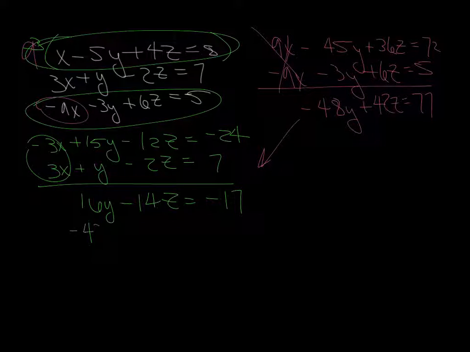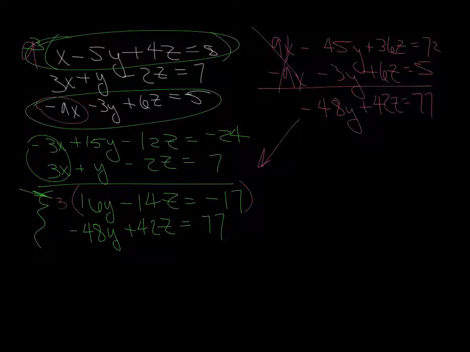Negative 48y plus 42z equals 77. Alright, so there's our system there. And let's see, let's make the 16 a 48 by multiplying the whole thing by, let's say, 3.